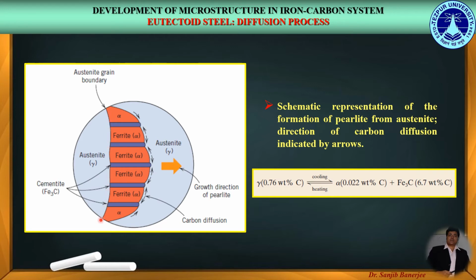Together, the layers of ferrite and cementite form the pearlite phase, whereas this is the austenite grain boundary, and as the pearlite phase is growing in size towards the austenite phase, we get this growth direction of pearlite.